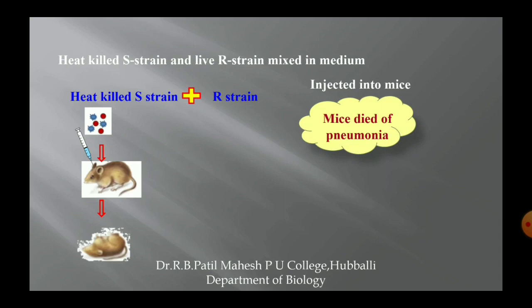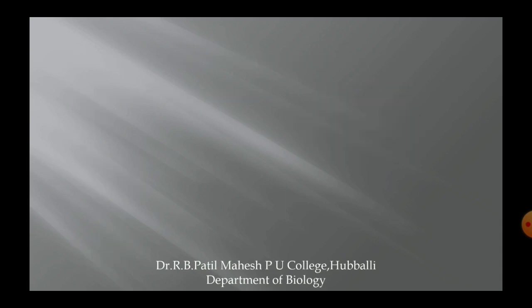Based on this, he came to a conclusion. When he analyzed the tissues and blood of the dead mice, he was able to find live S cells.